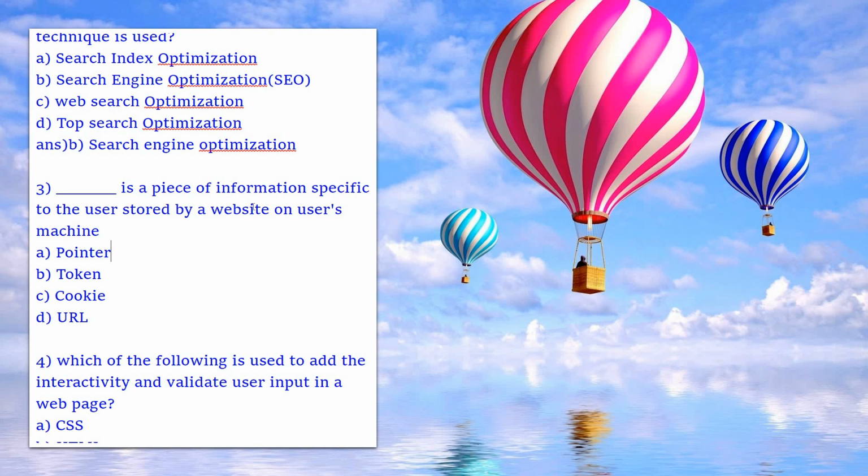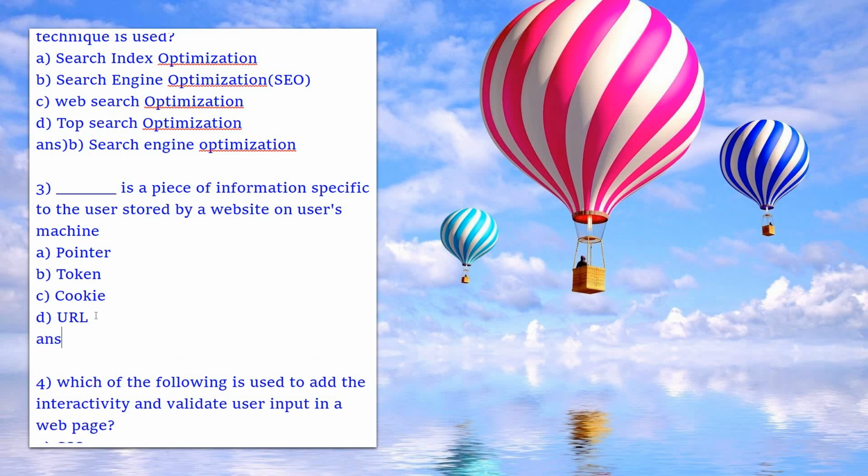Pointer is not a correct answer, there is no such thing. Tokens are pieces of code, but they are not stored by a website. URL is also not correct. Cookie is the correct answer, in which the information specific to that user is stored by a website on the user's machine. Option C is the correct answer.